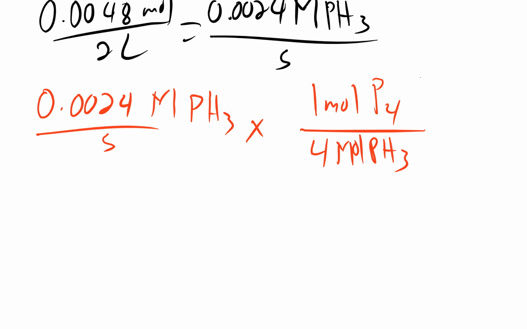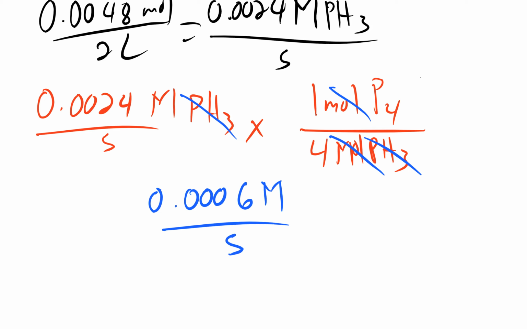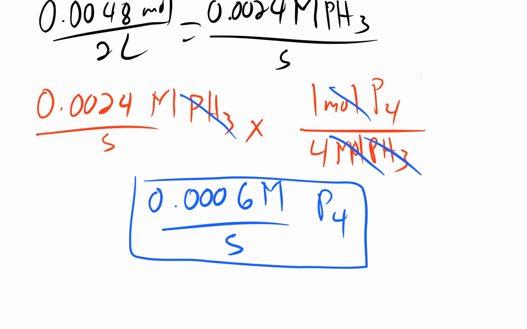So this cancels out, and this cancels out. And moles cancel out, and I get 0.0024 divided by 4, which is 0.0006 molar of P4. That's how quickly P4 is being created.